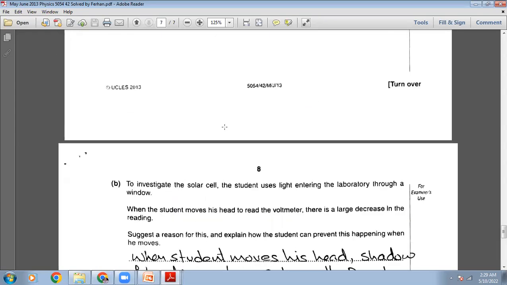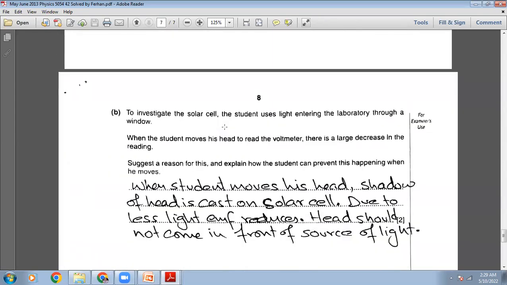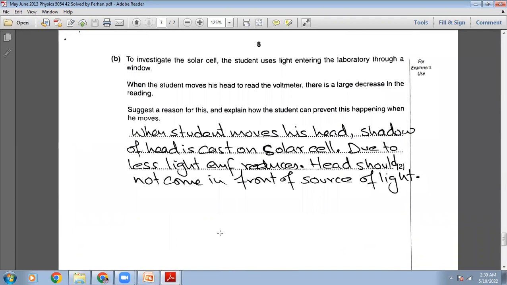Then he says, to investigate the solar cell, the student uses the light entering the laboratory through a window. When the student moves his head to read the voltmeter, there is a large decrease in the reading. There's a reason for this, and explain how the student can prevent this happening.